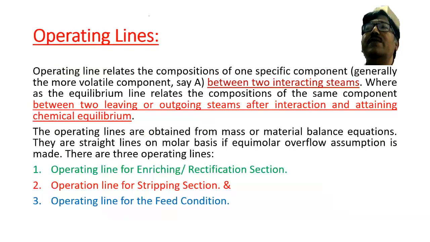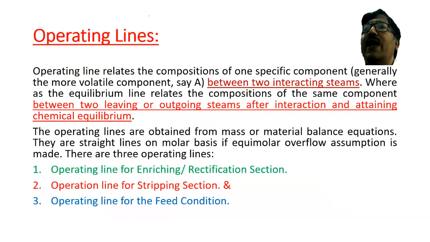So when liquid is coming from the top and vapor is coming from the bottom of a tray and they are interacting with each other, mass transfer is taking place, and after interaction they are separated out. During this interaction stage, the relationship between the composition of the liquid and the composition of the vapor is given by the operating line equation.